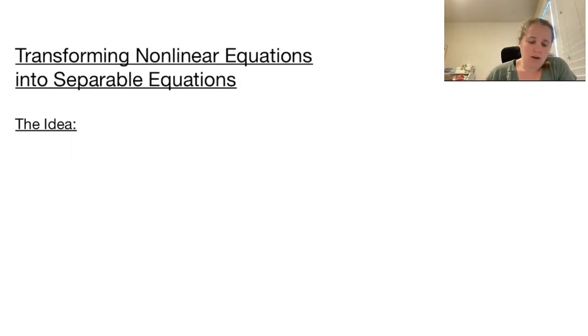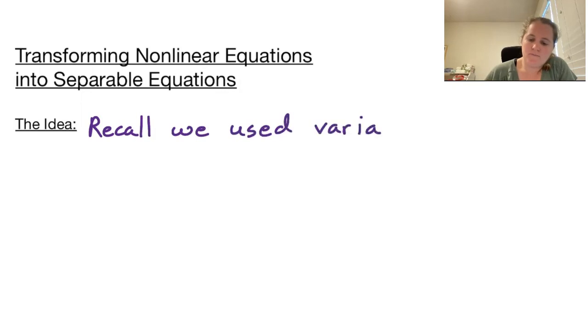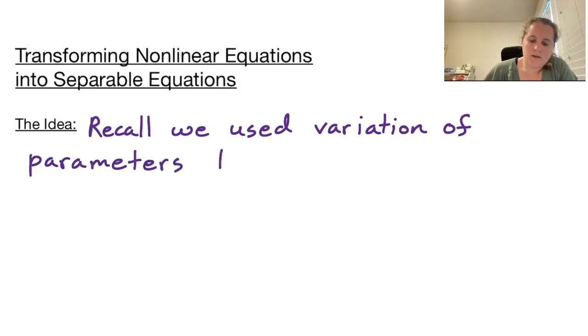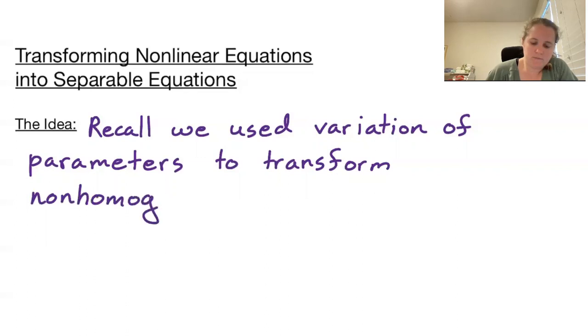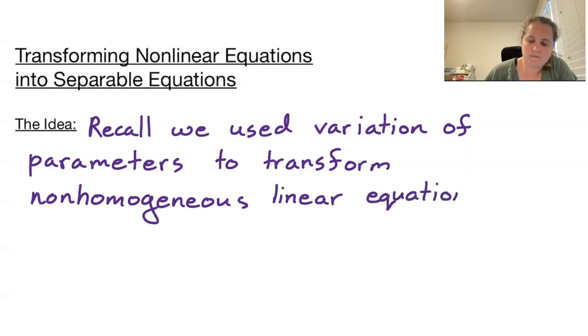So the idea here, recall that we used variation of parameters to transform non-homogeneous linear equations into separable equations.